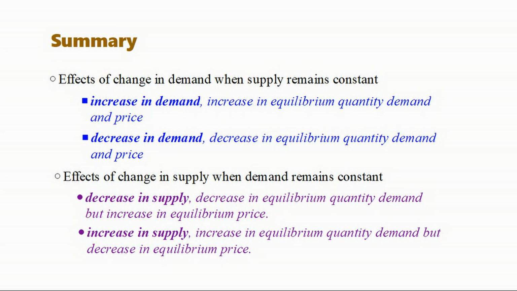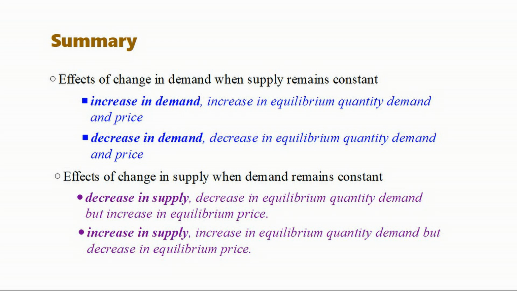When there is increase in demand, assuming that supply remains constant, equilibrium quantity and equilibrium price will rise. Whenever there is higher demand in the market, it's obvious suppliers will be encouraged to supply, but there is also an increase in the price of that particular commodity.